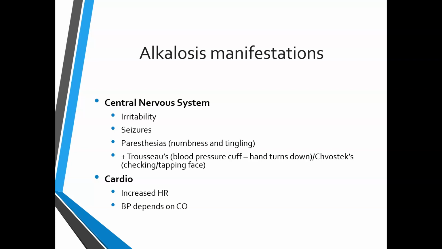And I hope you're stopping and thinking a second, like, well, wait a minute, why are we looking at Trousseau's and Chvostek's sign with metabolic alkalosis when this is more of an issue with calcium?